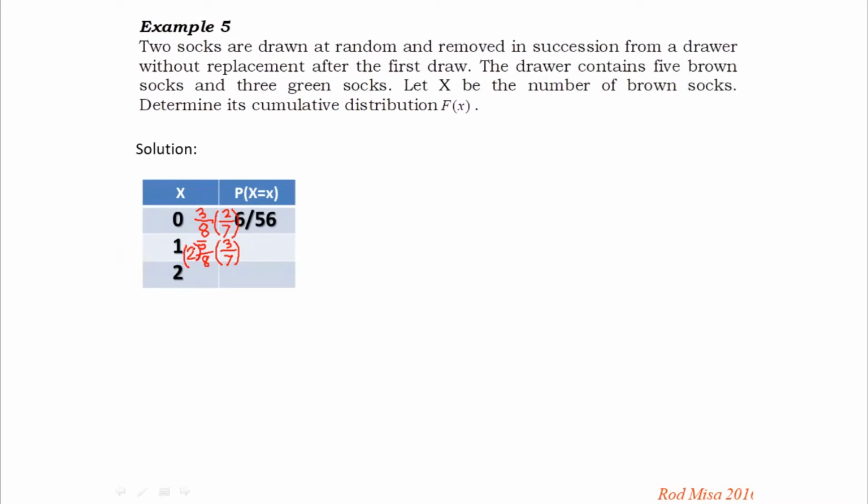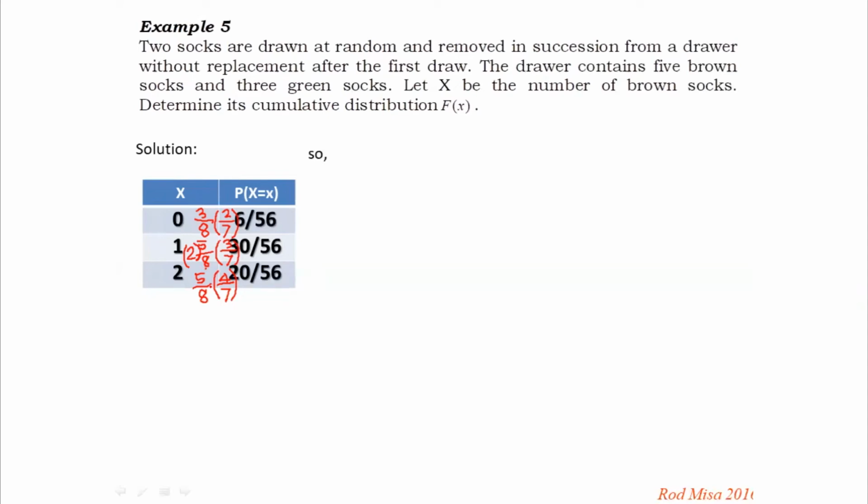Multiplying, we have 30 over 56. Drawing 2 brown socks from this drawer is obtained by multiplying 5 out of 8 by 4 over 7, since we need to obtain a brown sock during the second draw. Multiplying, we have 20 over 56. So this is the probability distribution for this experiment.